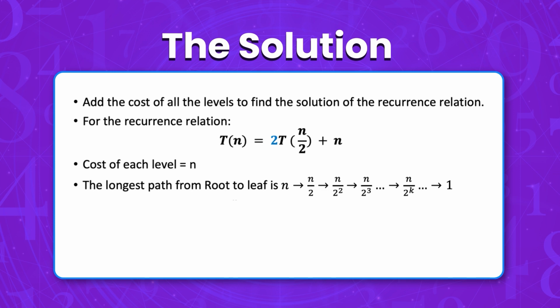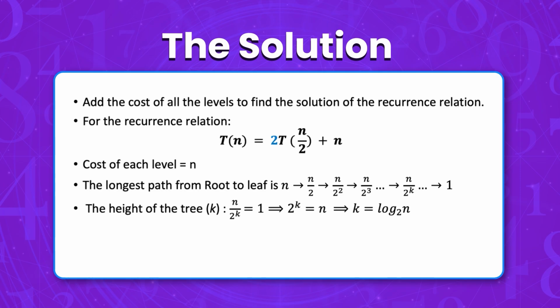In order to know the depth or the height of this particular tree, which is k, we will simply equate that we have reduced from n to 1. So n divided by 2 to the power k has to be 1, and this equation is going to give us the value of k, or the depth of this tree.